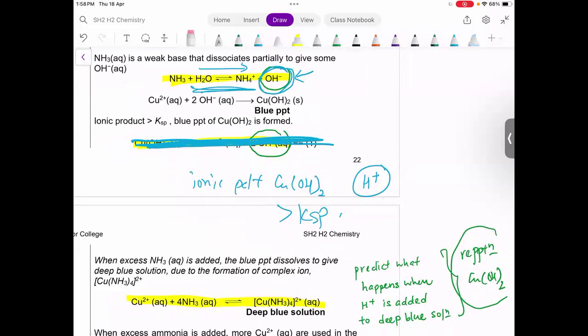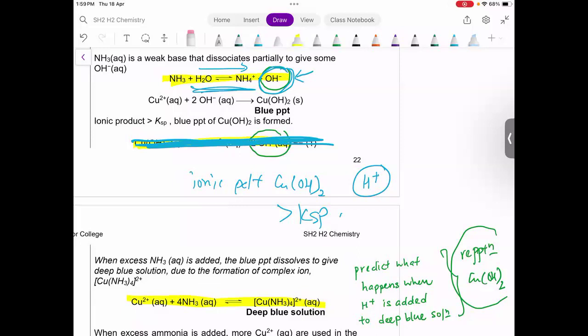The H plus that is added will react the OH minus away, so therefore this will push forward. How about this one? You must recognize that the pale blue PPT has dissolved, right? So the pale blue PPT which is dissolved, the majority exists in this form.